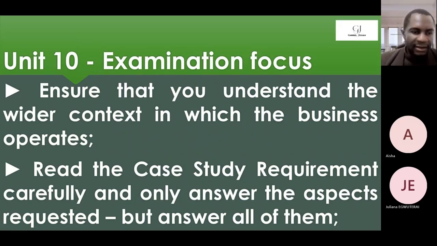If it says use a model, use it. If it says use SWOT, use it. Whatever it is, please stick to the aspects required and answer all of them. Don't go outside and don't make wild assumptions in your write-up. Stick to the requirements. This is very important.